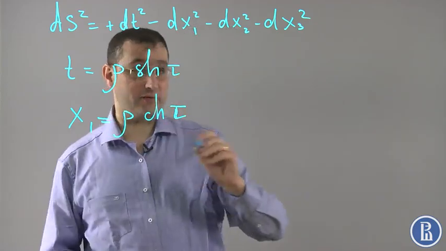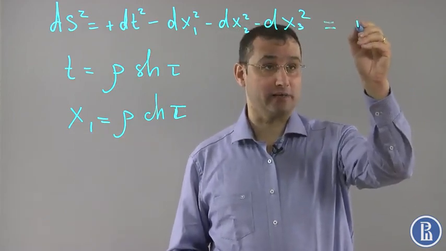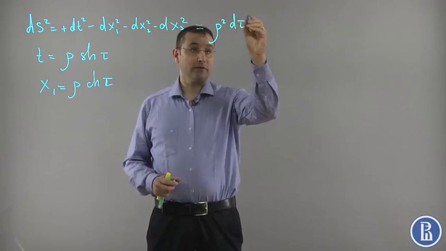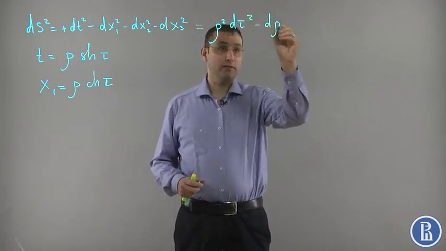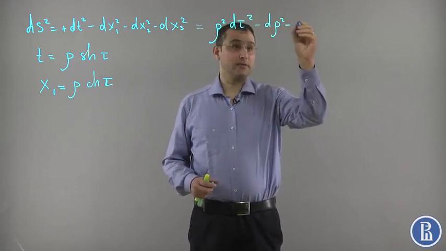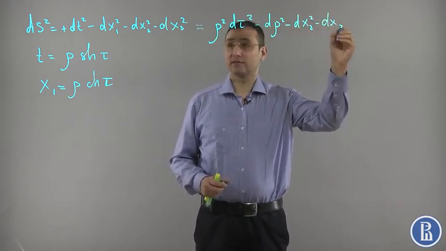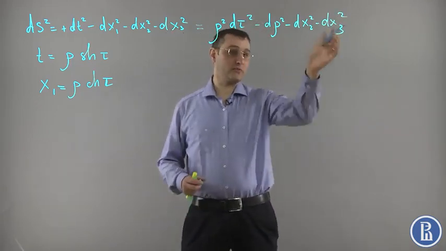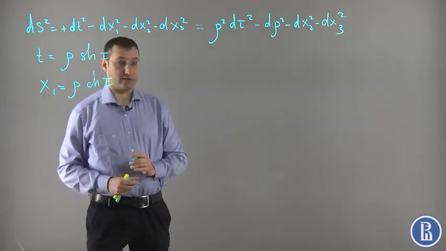After this transformation, we obtain the following metric, as we observed a few moments ago. Rho squared d tau squared minus d rho squared minus dx2 squared minus dx3 squared. The second and third coordinates were not touched during this coordinate transformation.